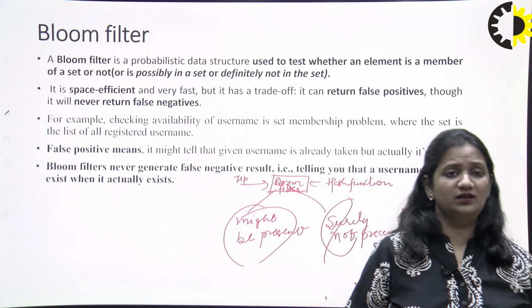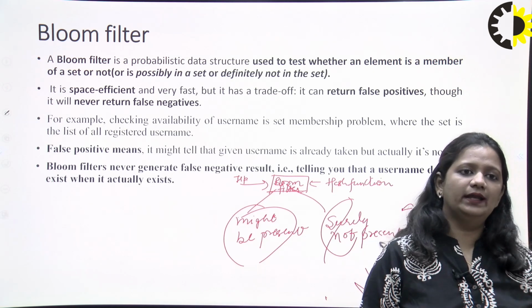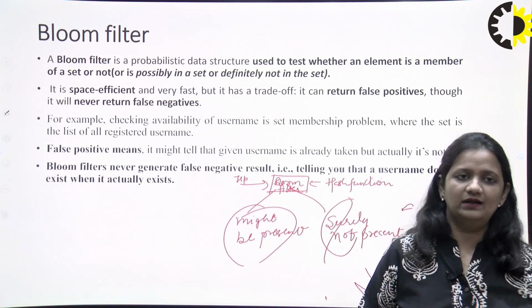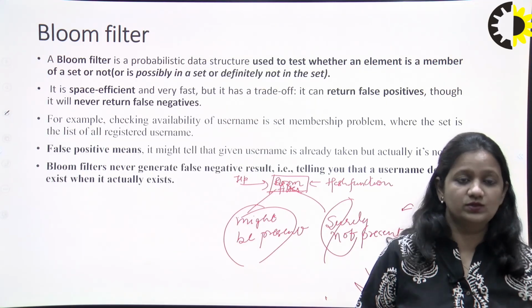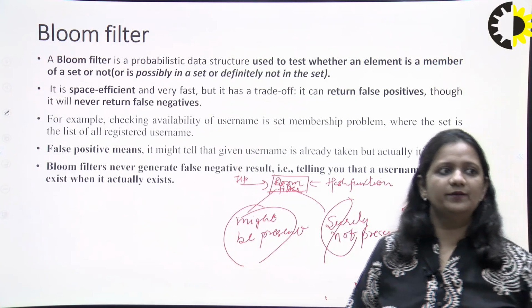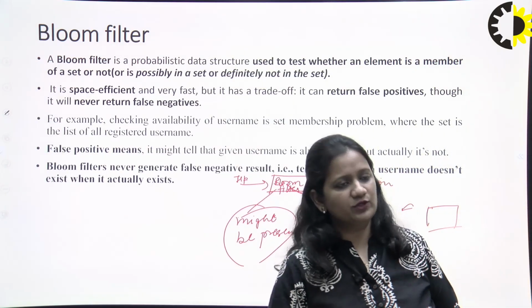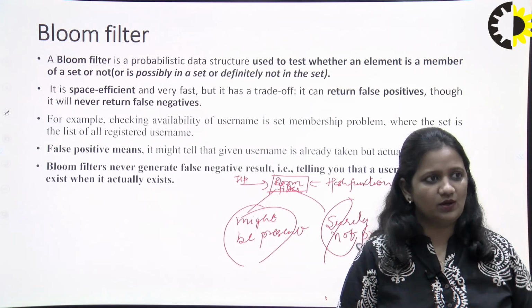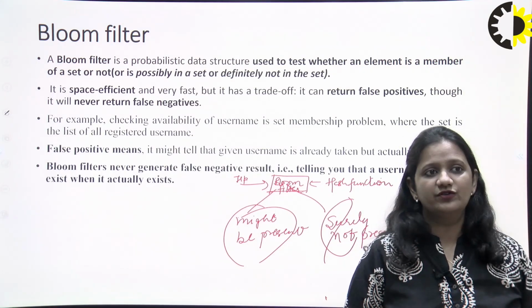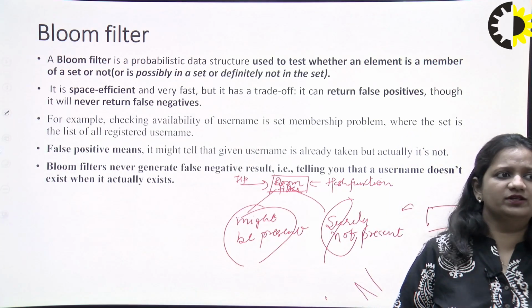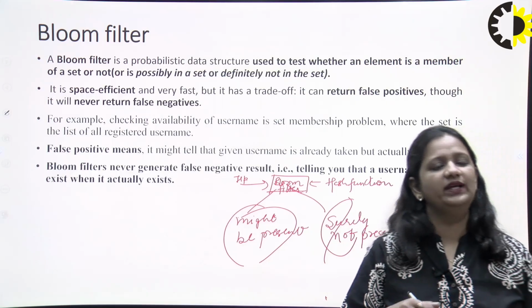A false negative result would mean that a username is already present and the Bloom filter states that it is not present in the database, so you register. A false positive means it might tell you the username is already taken, but it is not. A Bloom filter never generates a false negative result, telling you that a username does not exist when it actually exists.